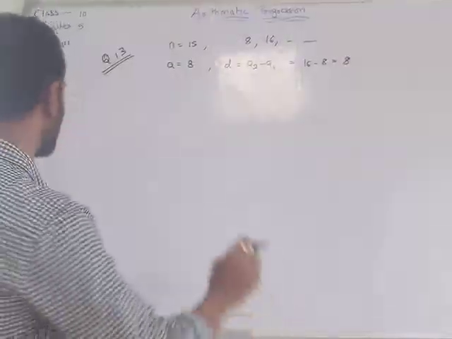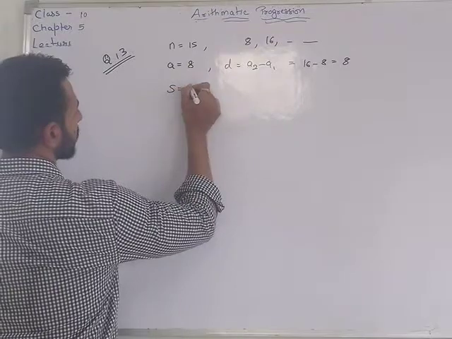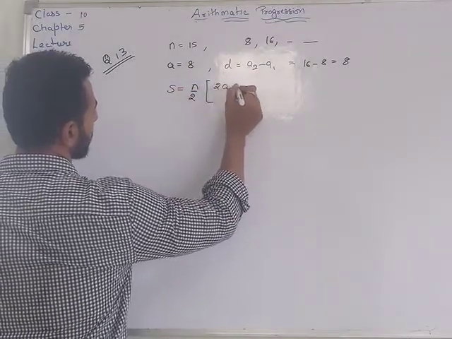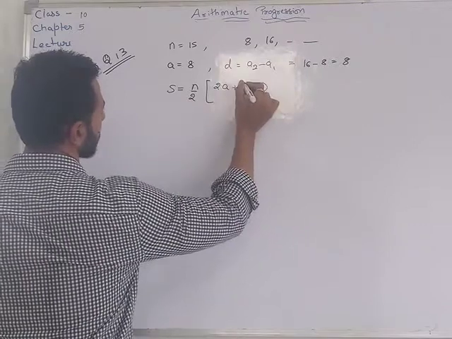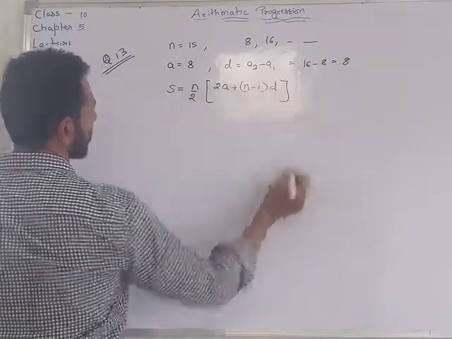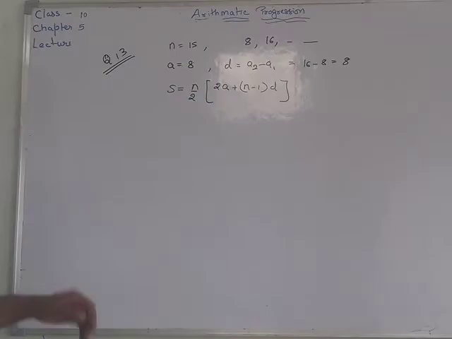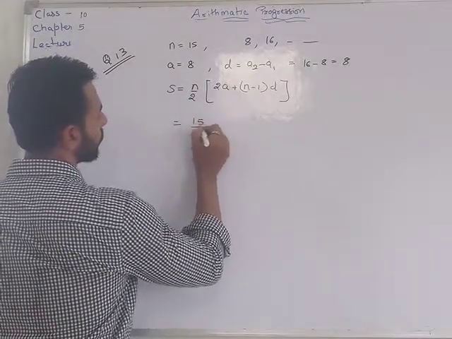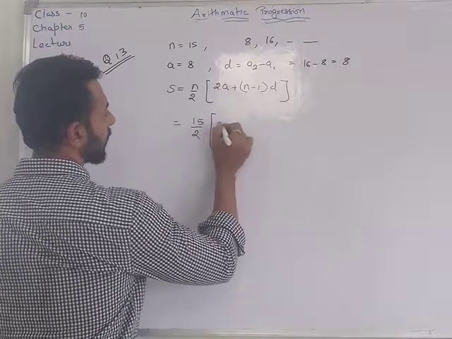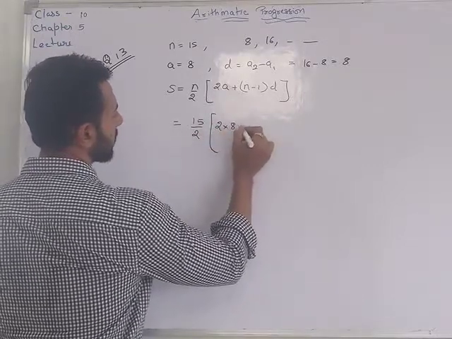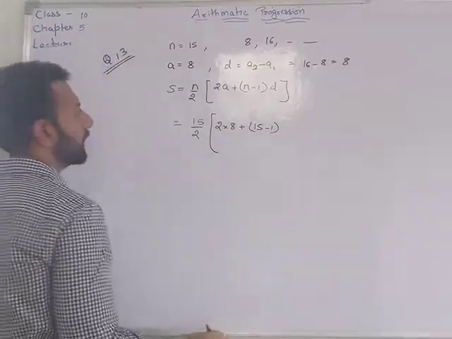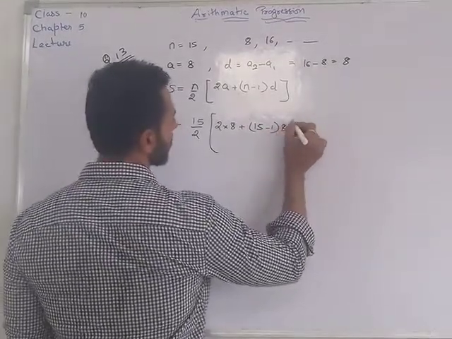Now writing the sum formula. S is equal to n by 2 times twice of A plus n minus 1 into D. Substituting the values, n is 15 by 2, twice of A is 8 plus n minus 1, 15 minus 1, into D. D is 8.